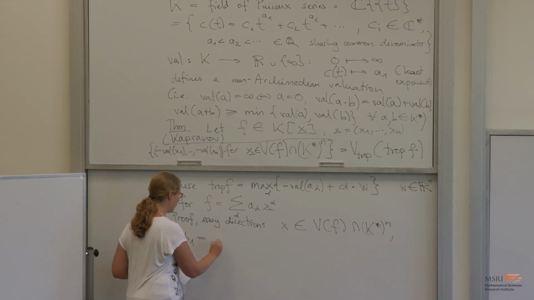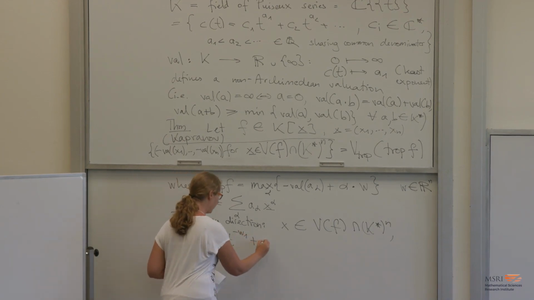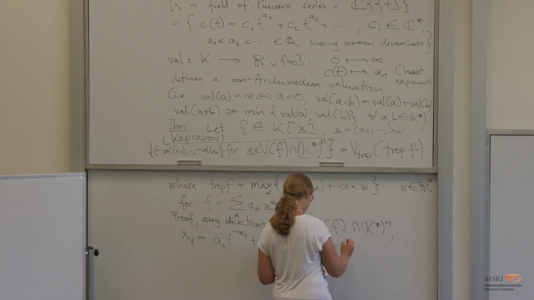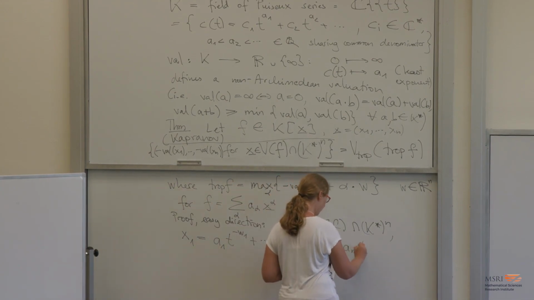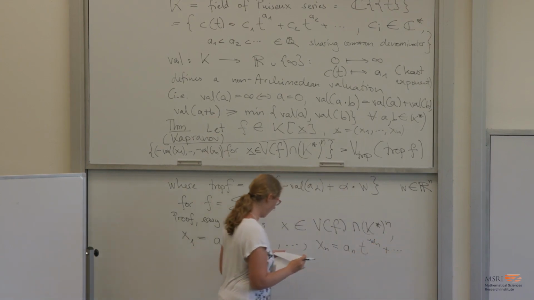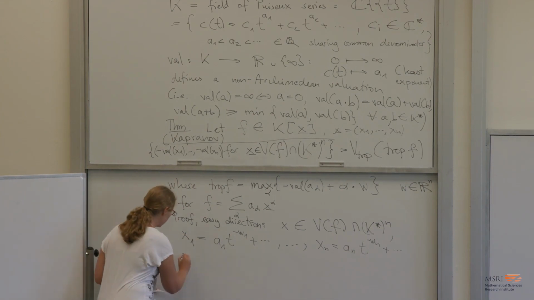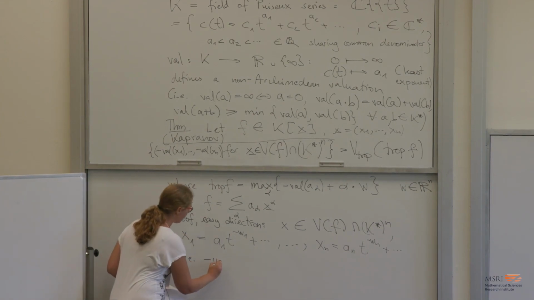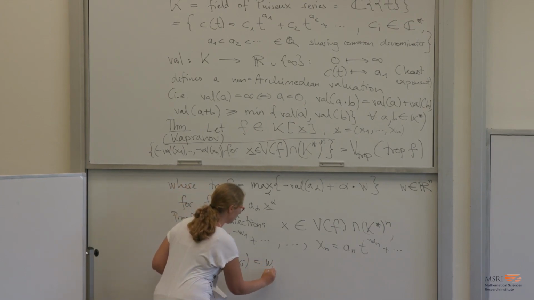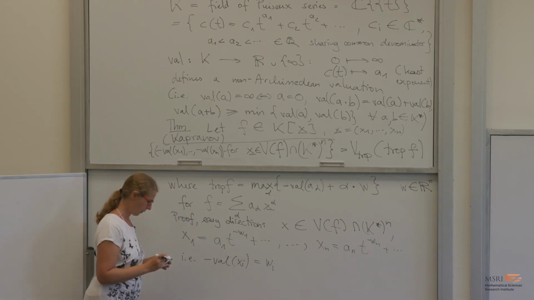So x1 is some Puiseux series, a1 t to the minus w1 plus, and so on, up to xn, which is also a Puiseux series starting with an t to the minus wn plus, and so on. Why did I choose to label those with a minus here? Because now I want minus val, which I want to be the tropicalization, to be wi. So I'm avoiding the signs when I move to the tropical world.